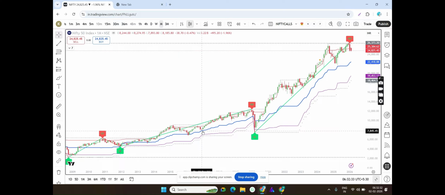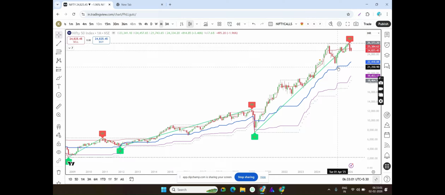Again we took support here. And then this was the COVID fall where we went below the trend and then recovered the trend after 3 months. Now, after this COVID fall, we have failed to hit this trend defining line. So the trend is up for the Nifty 50.